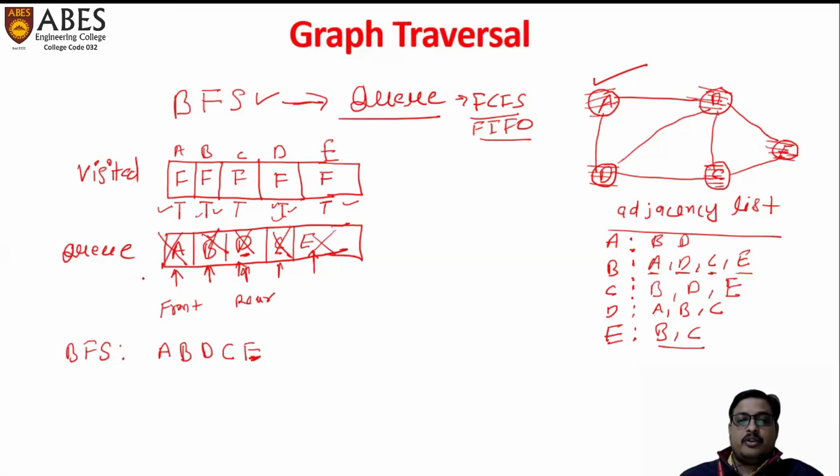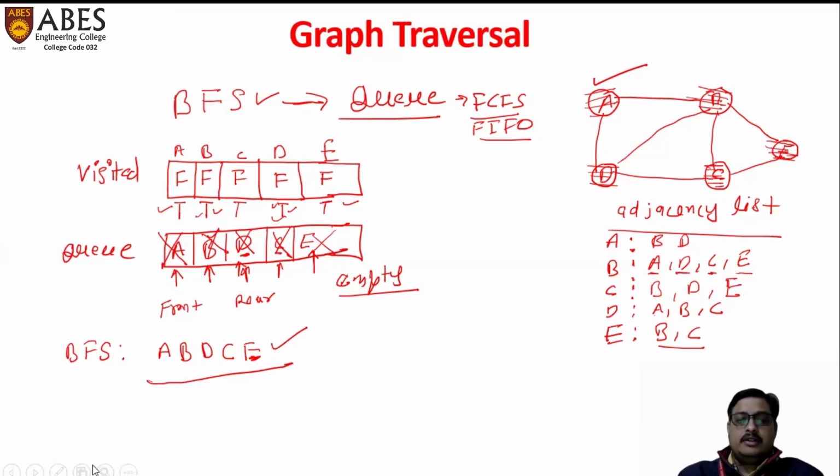Now we'll stop this process because now you can see the queue is empty. So we'll repeat this process until the queue is empty. Whenever the queue is empty, we'll stop this process, and our BFS is A, B, D, C, and E.